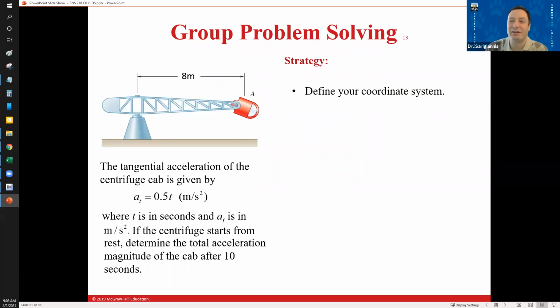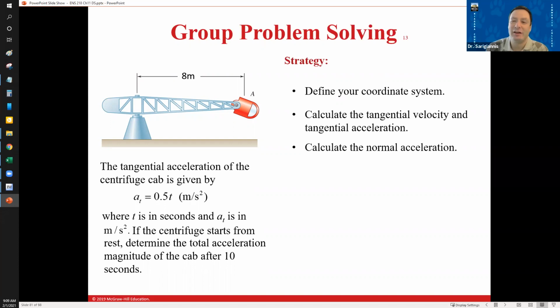This is a fairly simple problem. We're going to define the coordinate system, calculate the tangential velocity and acceleration, and then calculate the normal acceleration. Once you have the normal acceleration, you can determine the overall acceleration magnitude.